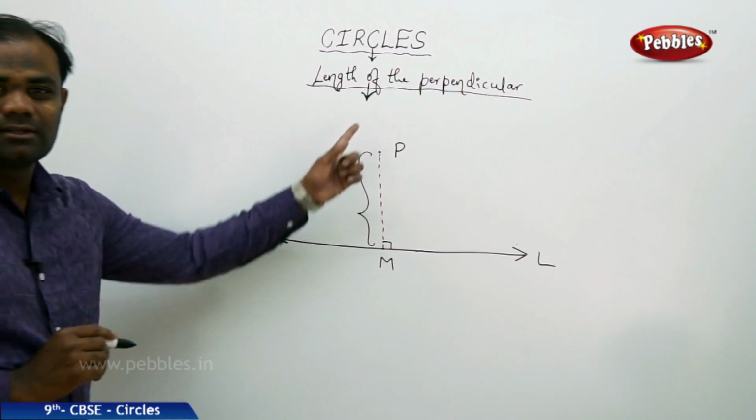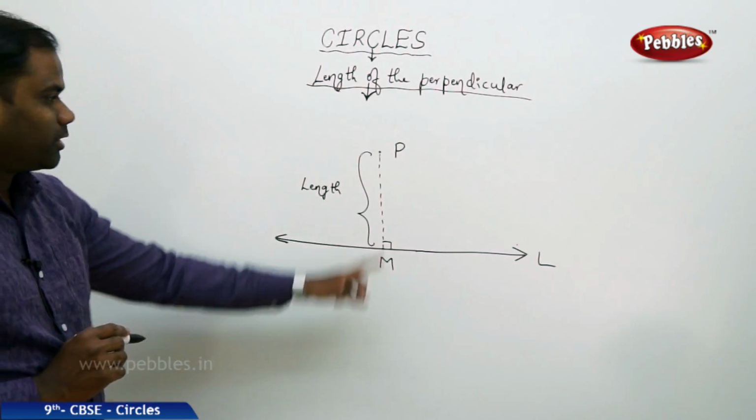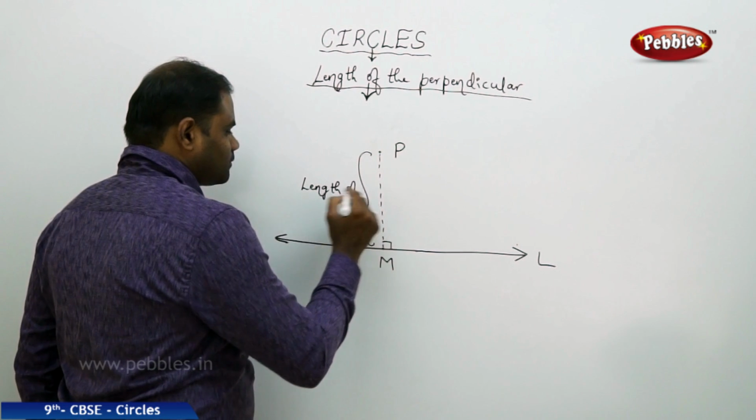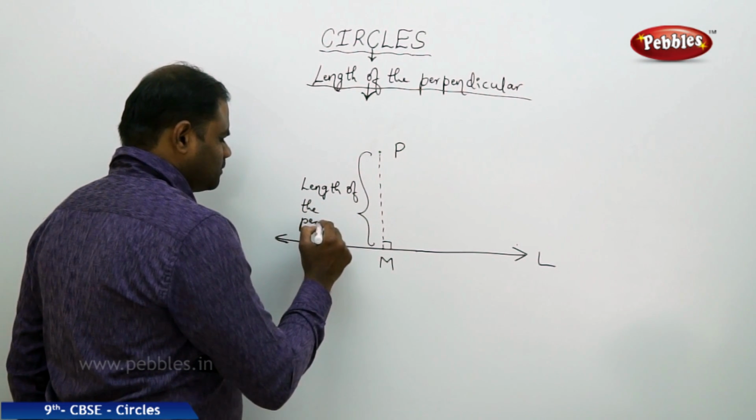So this length which we define from point P to the line L is called length of the perpendicular.